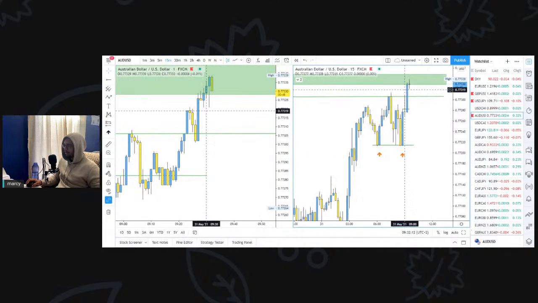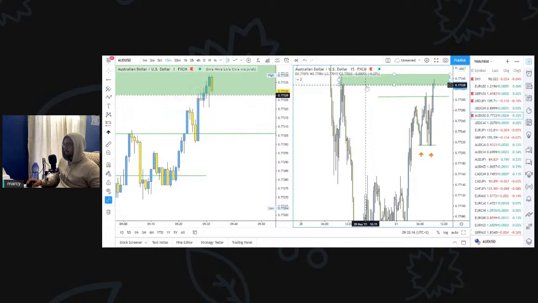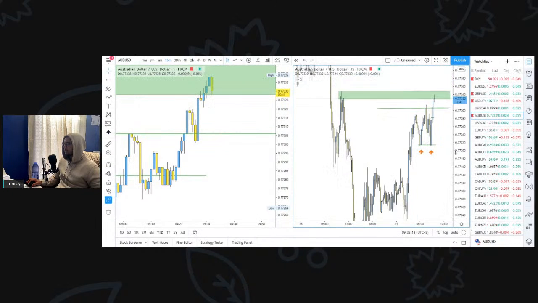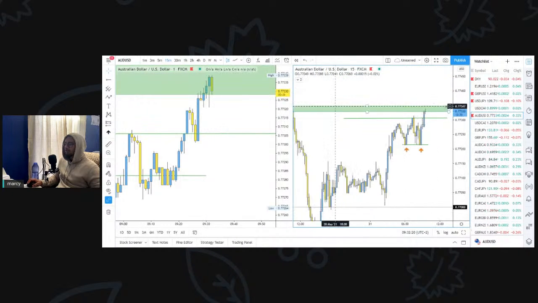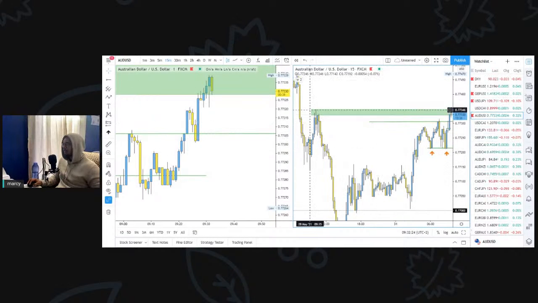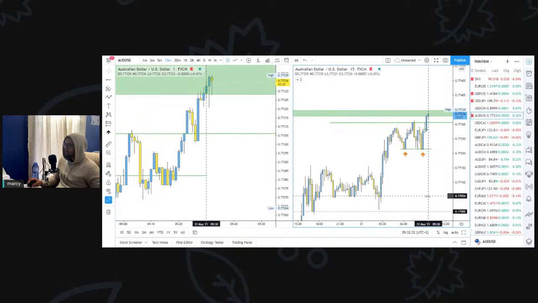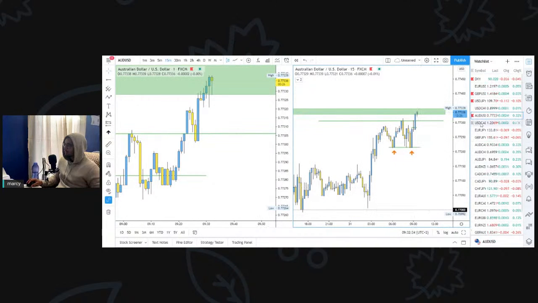But as I mentioned, the reason why I wouldn't take this is because of this. You can't enter within a lower high. Because it's lower lows, lower high. I'm not entering in a lower high. Doesn't matter if this thing continues or not. There's no way I'm doing that.